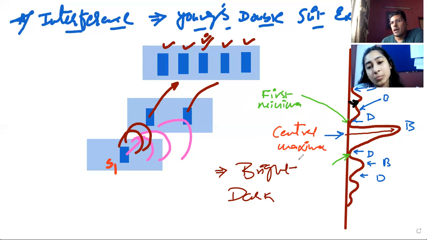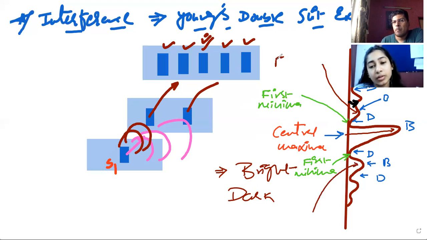Remember, it always starts with the central maxima, and immediately after the central maxima, it is a first minima, not maxima. So both are the first two minimas on both sides. The next one is again called our first maxima, on both these sides.